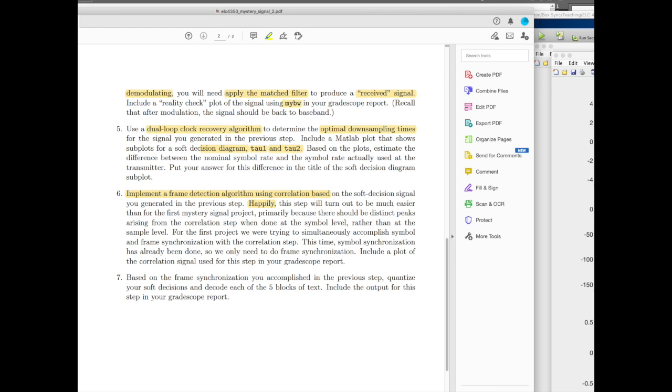The difference is we're working with things that are sampled at the symbol rate, not at the sampling rate. And because we're at the symbol rate, the peaks in the plot are much sharper. So we don't have to worry about this range of values that would work. If you think back on that, that's part of the difficulty we had with that.